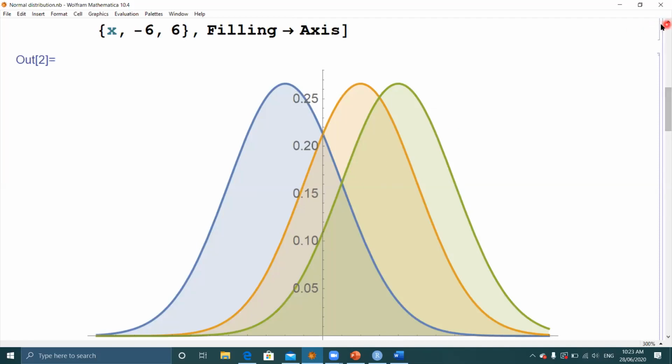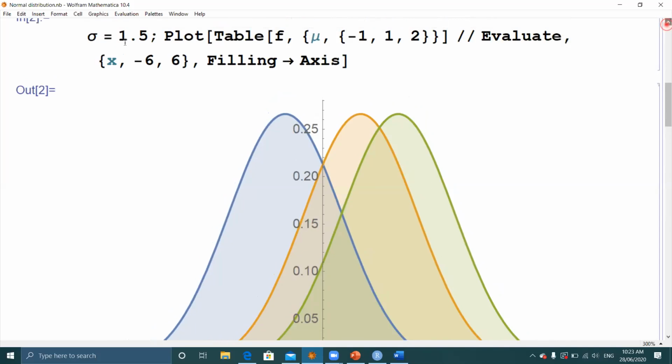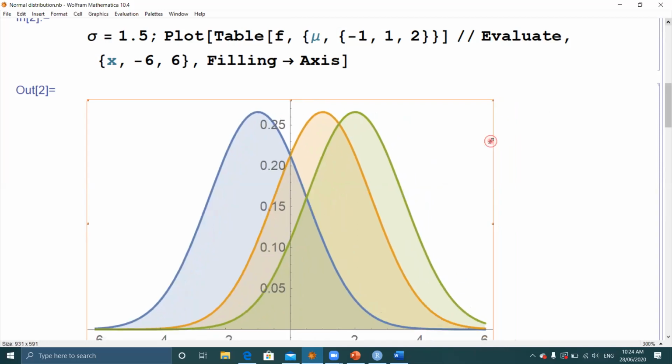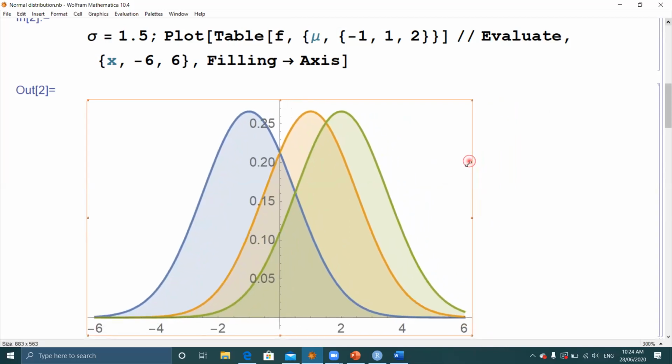You can see I've taken sigma here as 1.5. So sigma in all three figures is 1.5. I'm just reducing it so that you can see values of the parameters as well as the shapes.